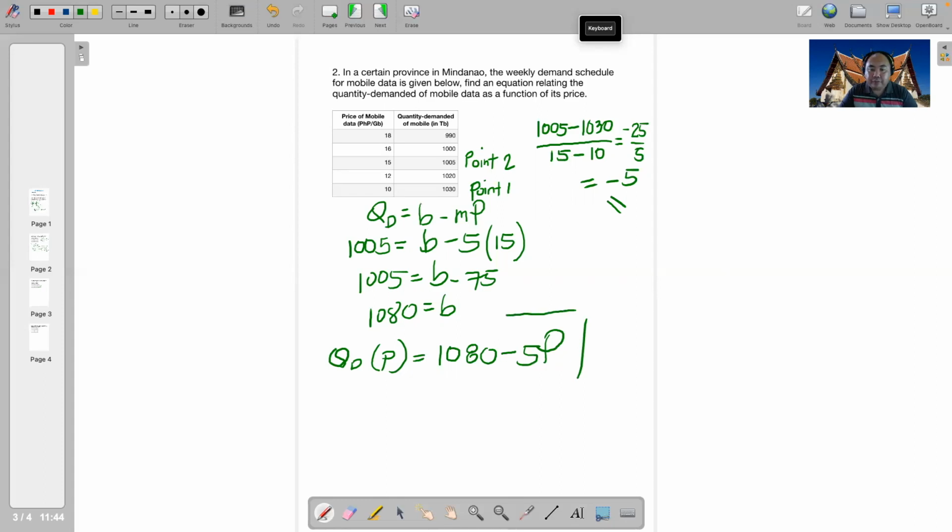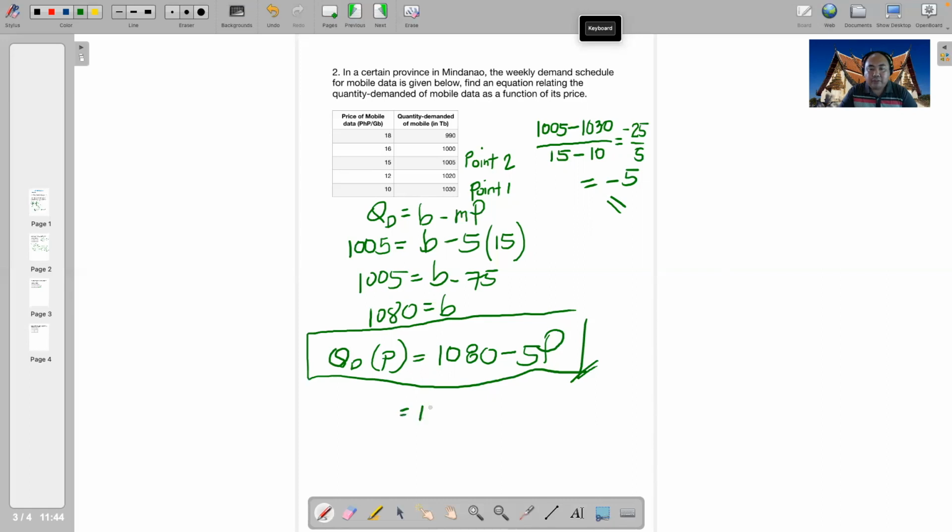Now, of course, you want to be sure, so we can do checking. You choose another point that you did not use. Okay, so that means we do not consider anymore this level and this level. So let's take 1020 just to check, no?